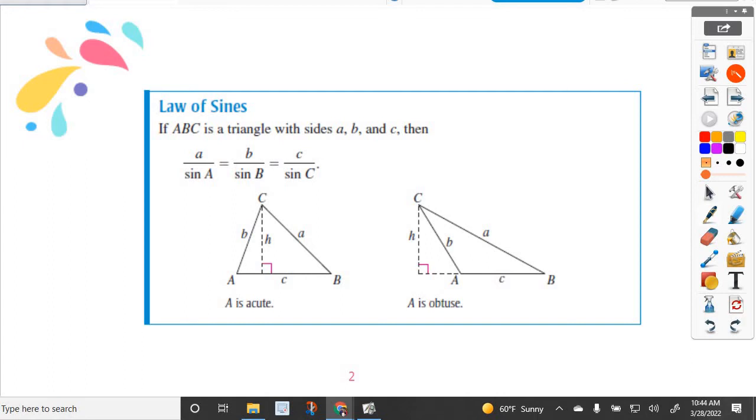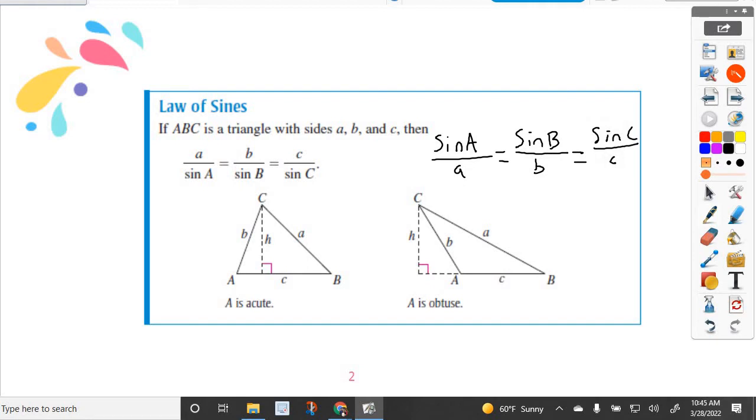Now, notice that all of these have our sides on top. That's what those little letters mean. We can also rewrite it by flipping all of them so that our angles are on top. Depending on what you're solving for, if I'm solving for an angle, it's easier for my angles to be on top. It's the same thing though. So sometimes you'll see it written like that.